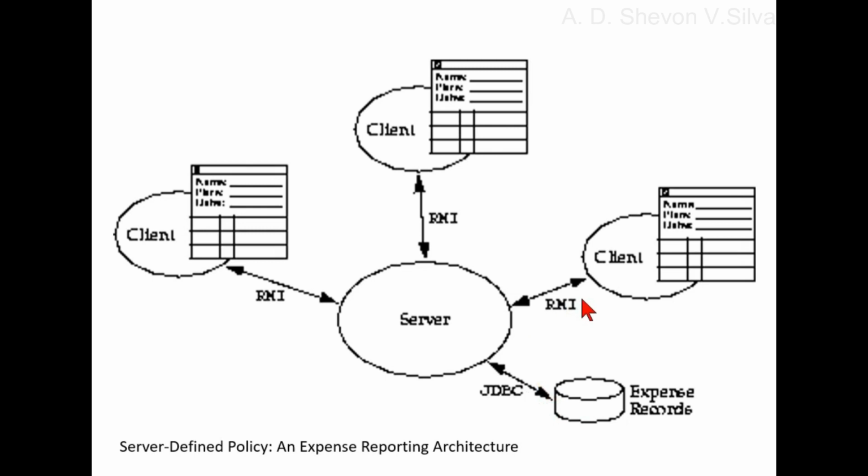This means that the policy is always dynamic. You can change the policy by simply writing a new implementation of the general policy interface, installing it on the server, and configuring the server to return an object of this new type. From that point on, any new expense report will be checked against the new policy by every client.